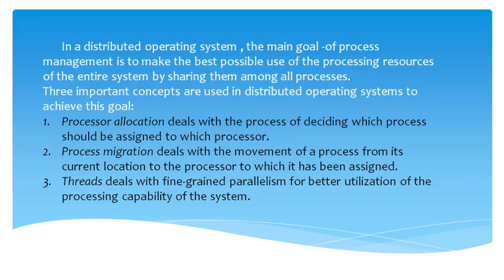There are three important concepts used in a distributed operating system for achieving the process management goal: processor allocation, process migration, and threads. Processor allocation has already been described in our previous lectures.